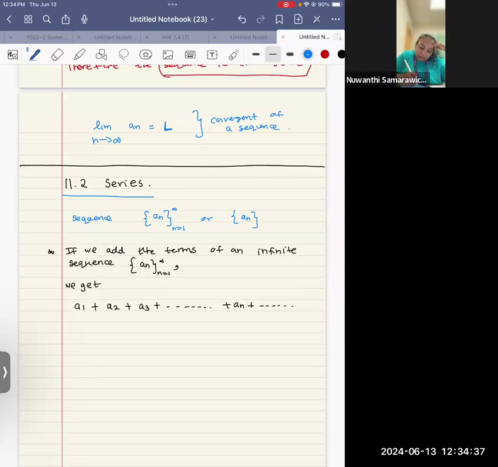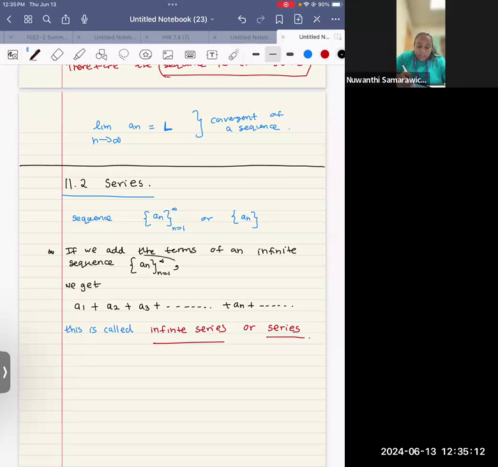And this is called an infinite series, or also we can call it a series. So what is the idea? We add all the terms in the sequence. If we add all the terms in the sequence, then this is an infinite series.